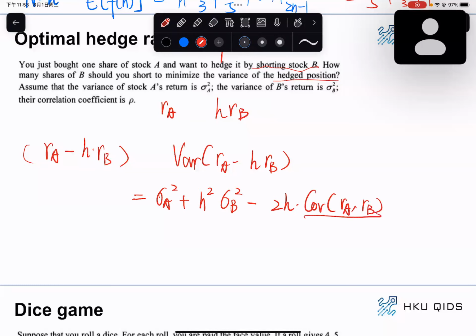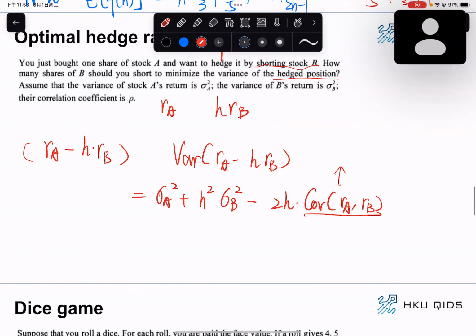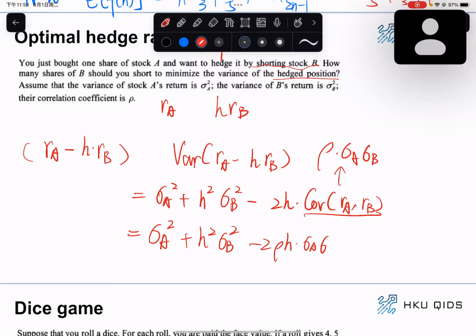And we also know that this can be converted to the correlation multiplied by the standard deviation of A and the standard deviation of B, right? So this is sigma A squared plus H squared sigma B squared minus 2 rho H sigma A sigma B. And now we are going to minimize over the ratio.